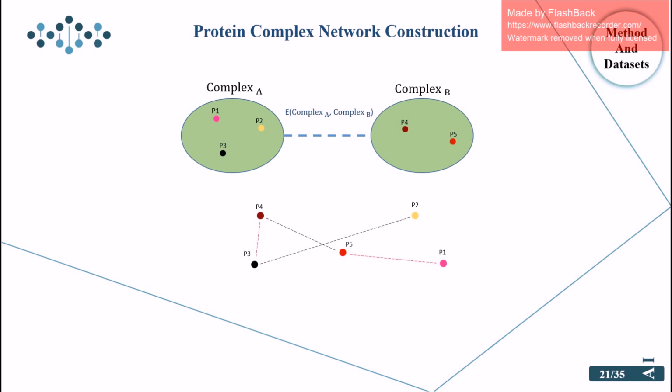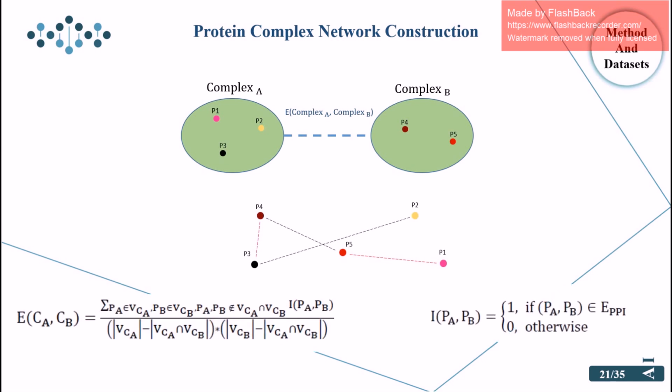If I want to formulate my explanation, it will be something like this. In this formula, E is the closeness degree between complexes CA and CB, and VCA is the set of nodes that are involved in complex CA.